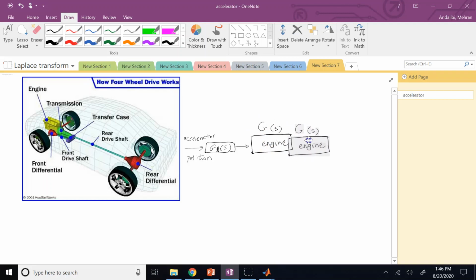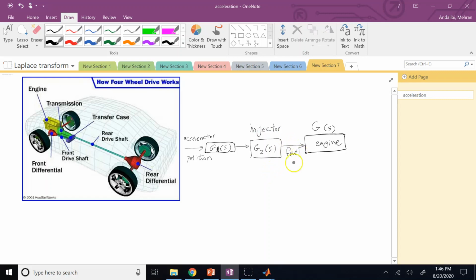So if you wanted really with detail, let's add detail. So this is injector G2 of S. Okay, and this is fuel flow rate, the amount of fuel that goes into the engine per time.